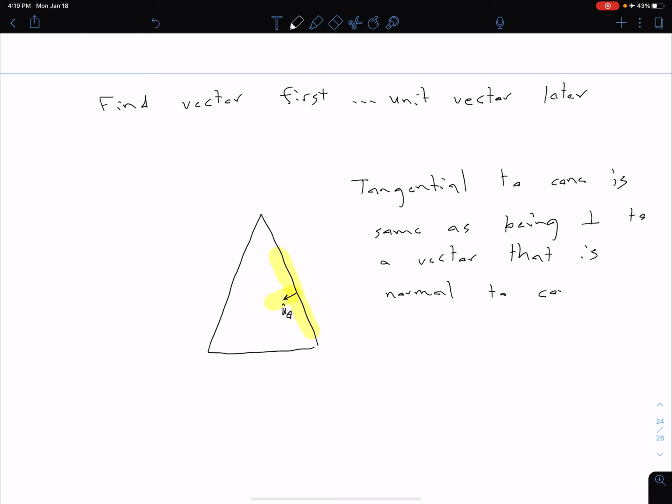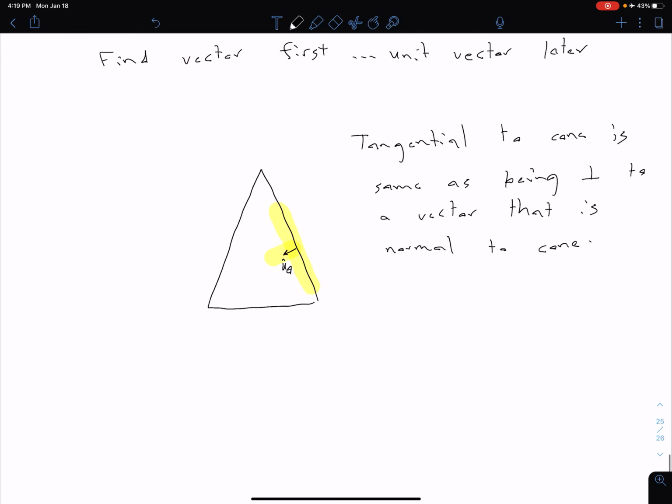And of course, as we would expect, our unit vector in the theta direction is perpendicular to our cone surface, theta equals 150. Okay, so we know that we want something to be perpendicular to our u of theta.